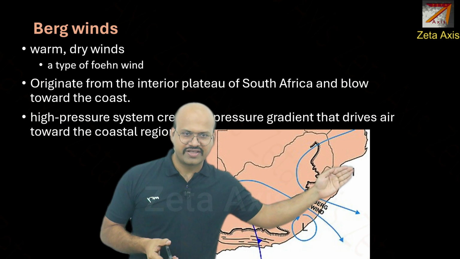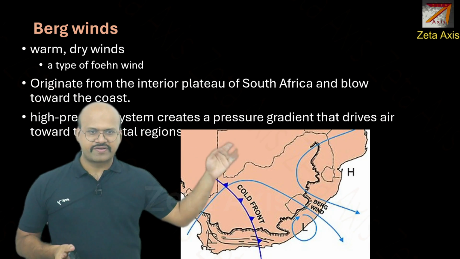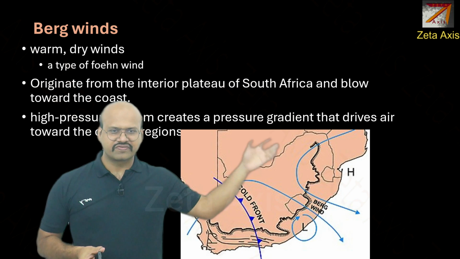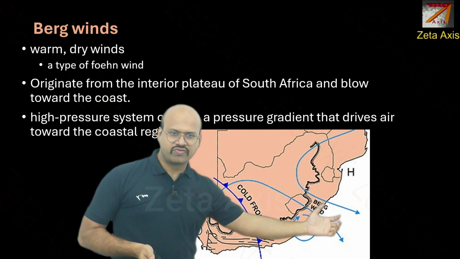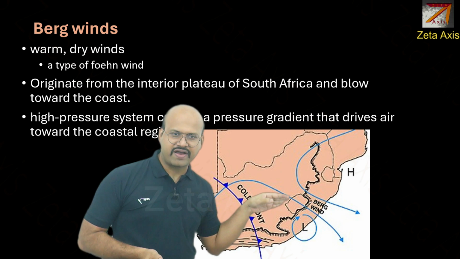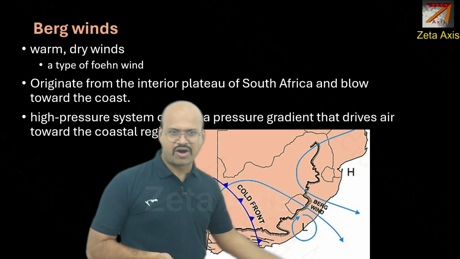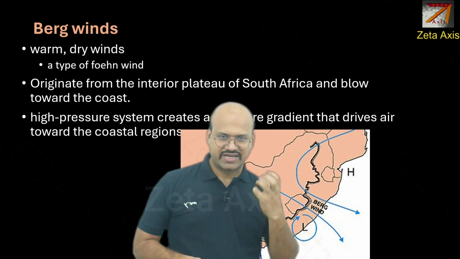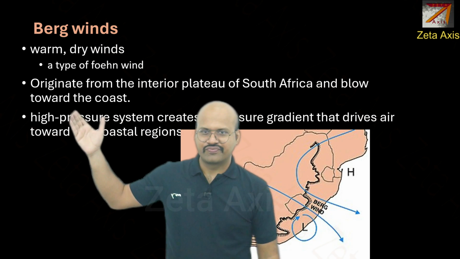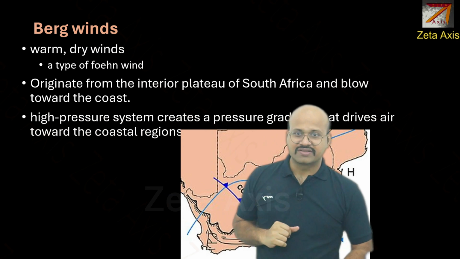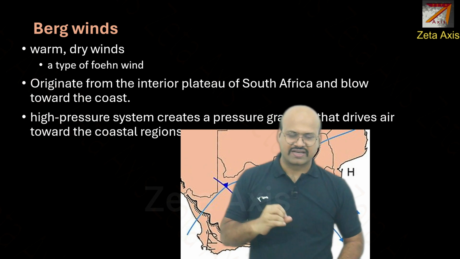So we can see there is high pressure. This region will also have high pressure and here is low pressure. Because of this, winds from here will move towards this coast, and while moving they will have to move down the plateau or the mountains along the coast, in which they get adiabatically heated and therefore it is a warm wind. It is similar to the foehn wind which we see in Central Europe.